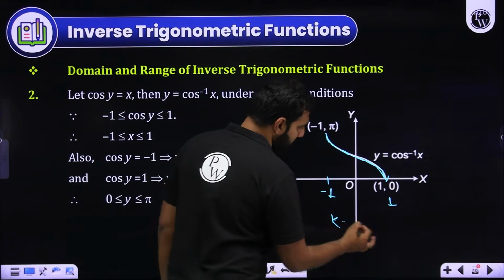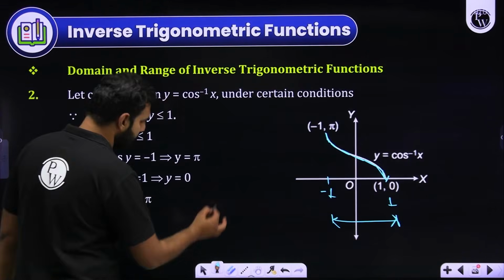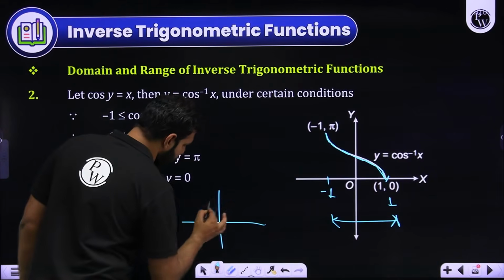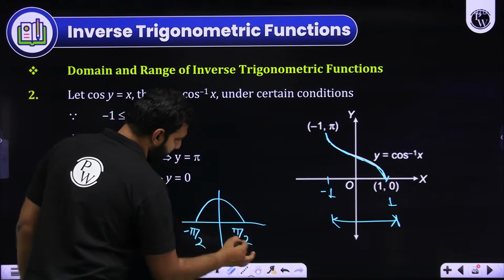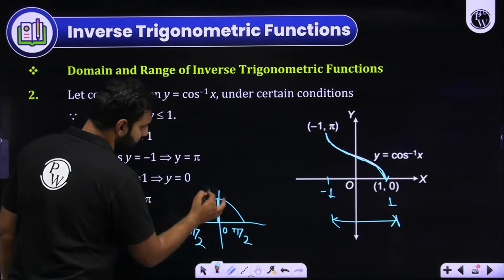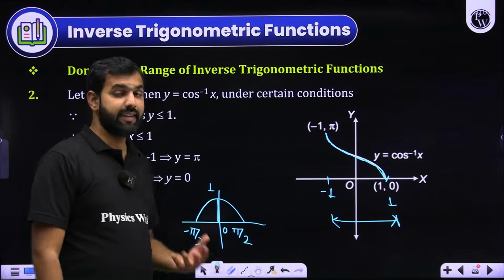But here, if you now look at its value, it is not from minus pi by 2 to pi by 2, because if you look at the graph of cos from minus pi by 2, you would see that there is a problem. From minus pi by 2 to pi by 2, the graph of cos x ranges from 0 to 1 only. And it doesn't cover all the values of cos x. And again, there is a problem.